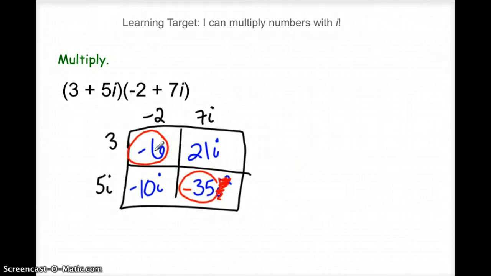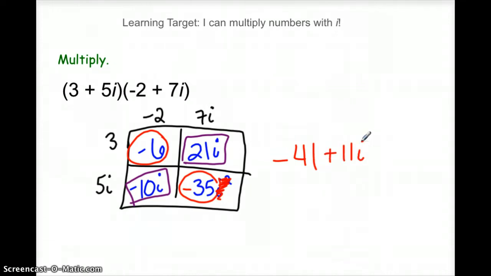So negative 6 plus negative 35, negative 41. And then 21i and negative 10i, positive 11i. I'm just combining like terms, so don't make it i squared. We're not multiplying anymore, we're just adding. So I would get simply 11i.